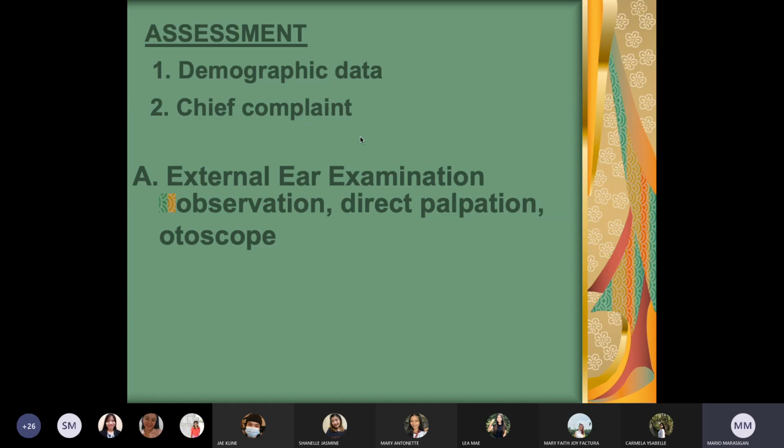Okay, but when you manipulate the ear, let us say when you palpate the ear and the patient complains of pain, so there is a corresponding problem, because it is not normal to have pain in just simple palpation. So you might suspect that there is some middle ear problem like otitis media. Okay. So tenderness on palpation in the area of the mastoid.